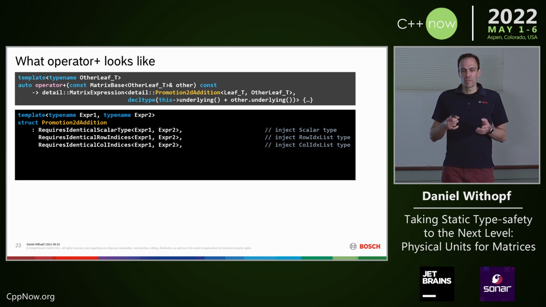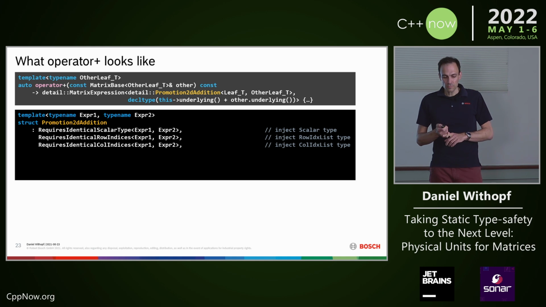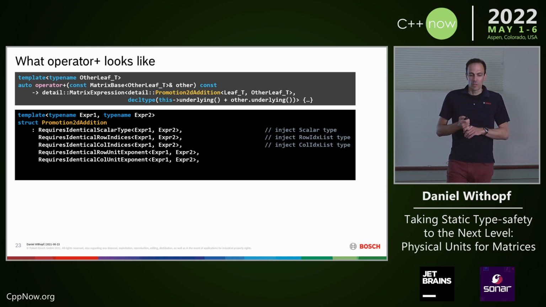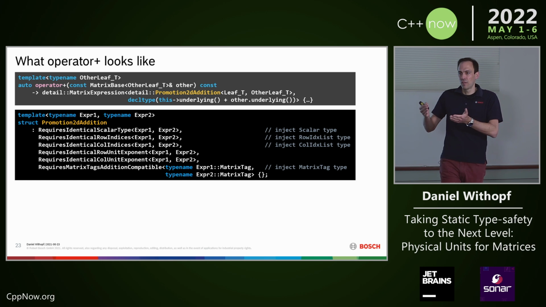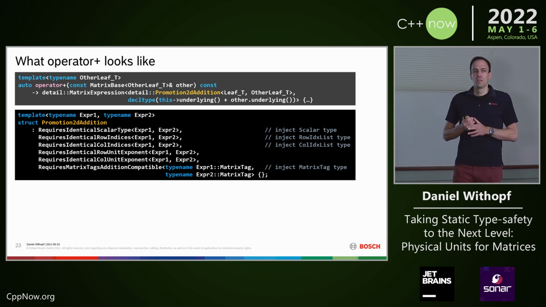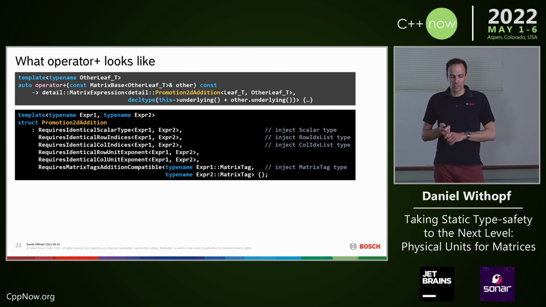These require that we have identical row and column indices in the 2 arguments. Then we also require that the row and column exponents are identical, and last but not least, we require that the matrix tags are addition compatible. That's what I mentioned earlier. You can add a point to a displacement vector, but you cannot add 2 points. If you have 2 points in a mathematical sense, an addition is an invalid operation.